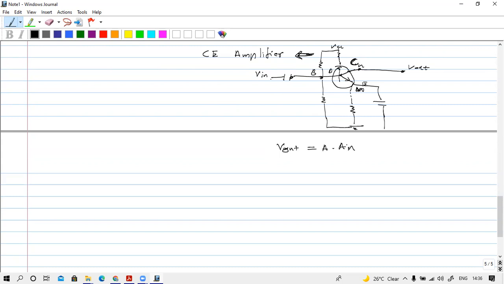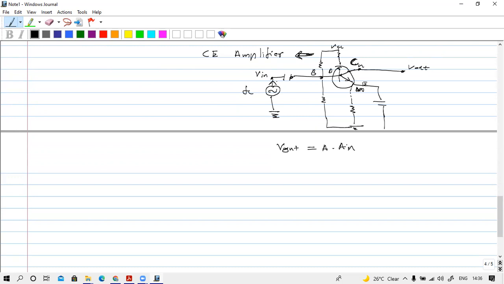If we put the carrier signal here, using an oscillator, we give the carrier signal to this V in. This is the high frequency signal.